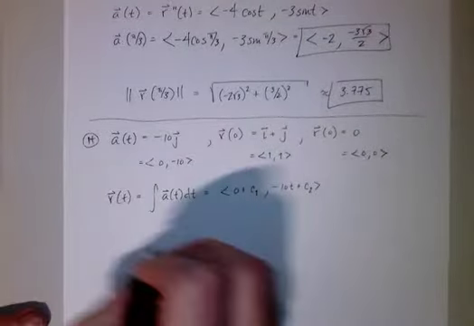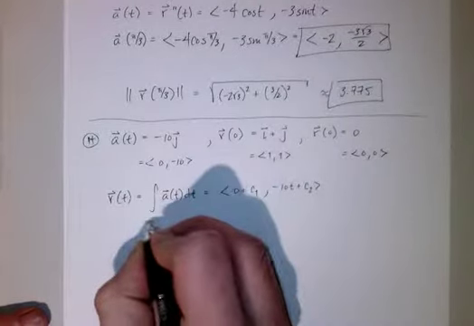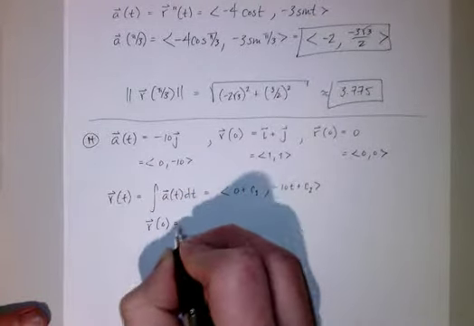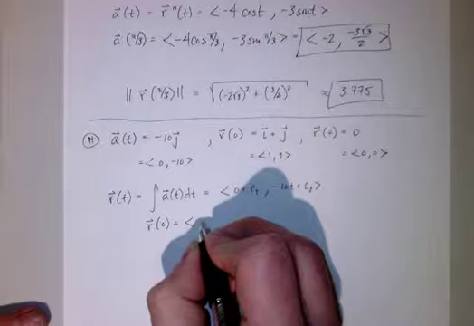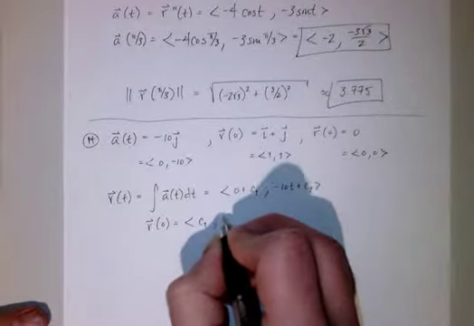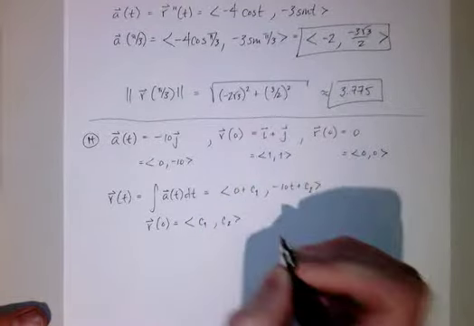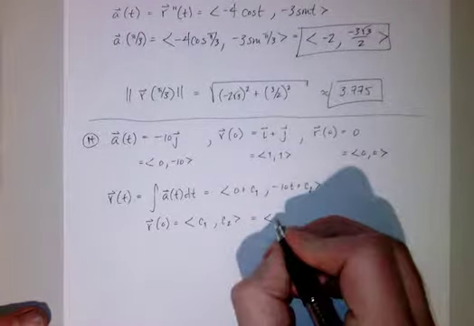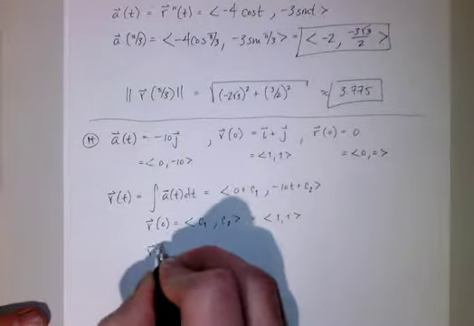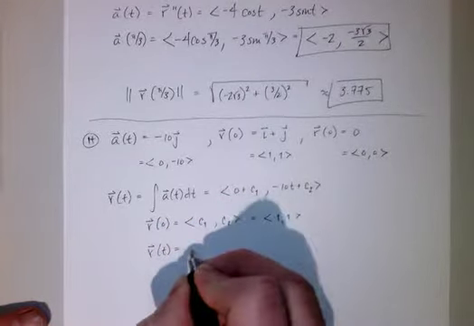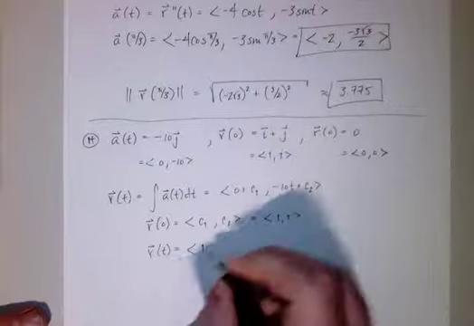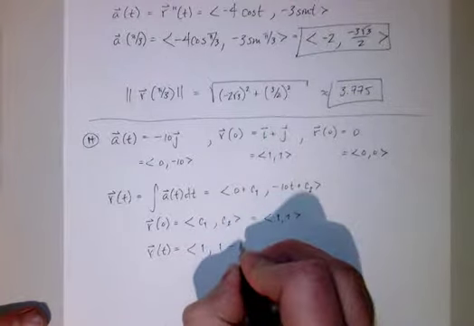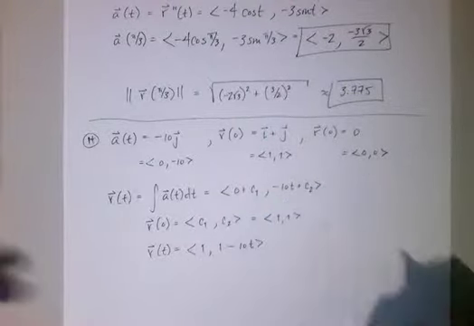Okay, well, if this is the case, I know that v of 0 is going to be c1, c2. Well, that means that c1, c2 needs to be set equal to 1, 1. That's not an issue. And so my v of t winds up being 1, and then 1 minus 10t.